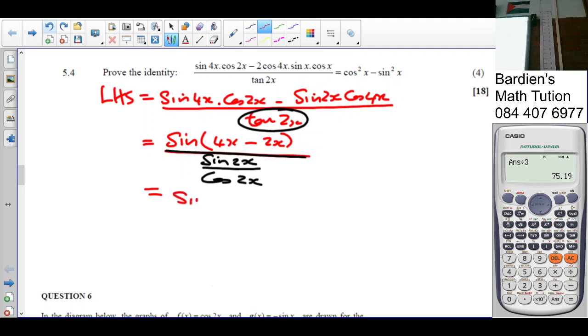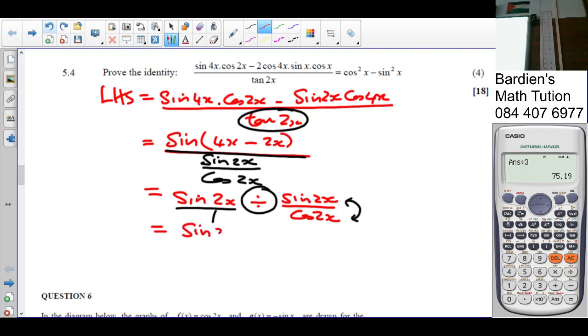So it's going to be sine of 4x minus 2x, which is 2x, divided by sine 2x over cos 2x. Naturally that's over 1. Change this to multiplication and tumble and times. So it's going to become sine 2x over 1 multiplied by cos 2x over sine 2x.